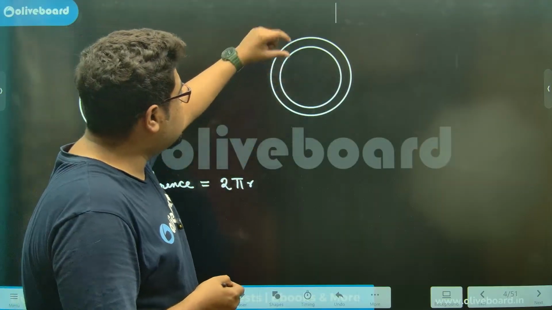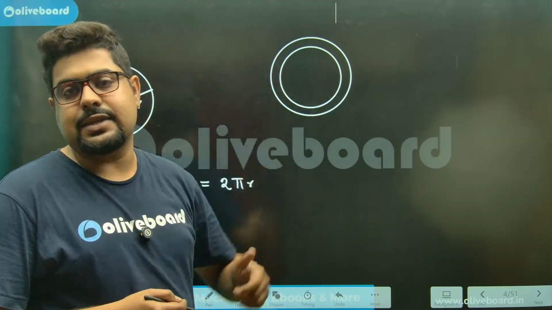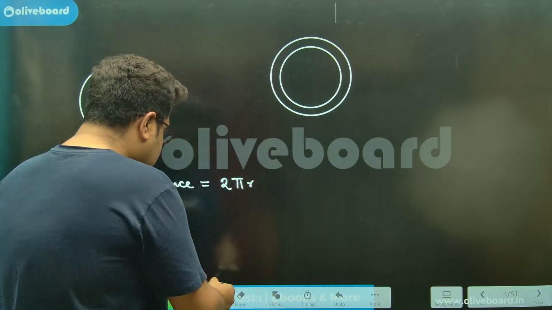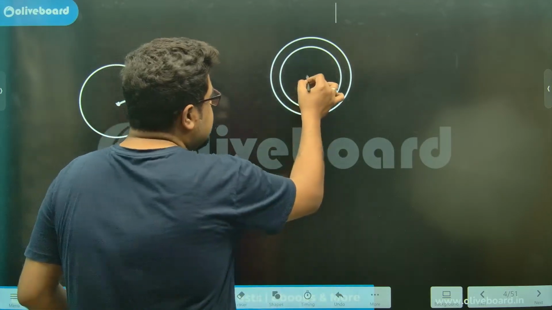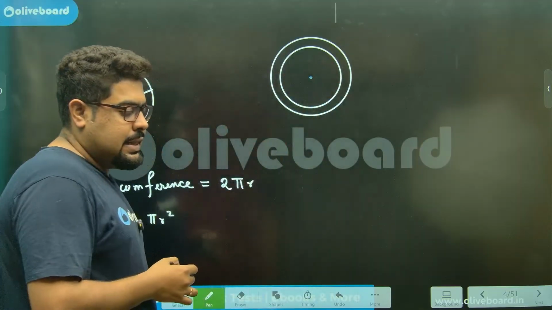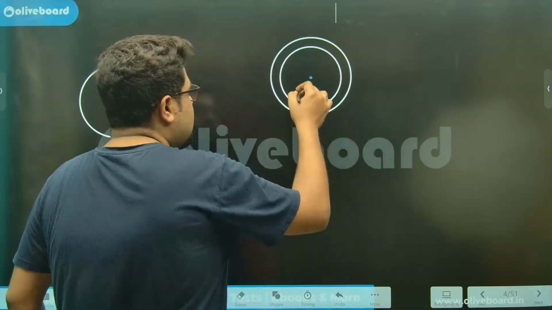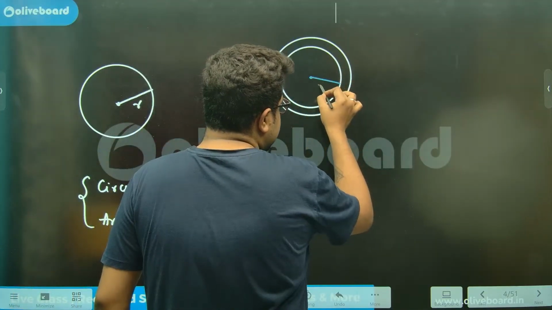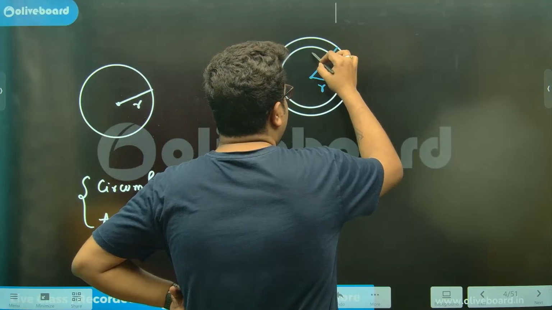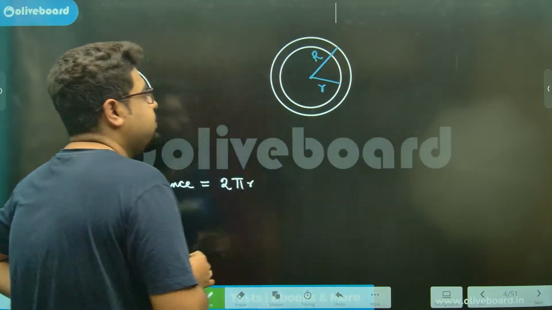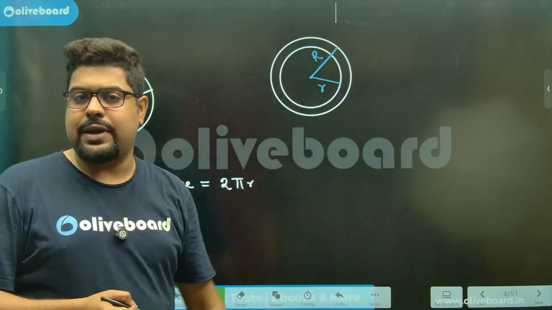There is an outer circle and there is an inner circle. These are called concentric circles, meaning their center is the same. Let's take the inner radius as small r and the outer radius as capital R.